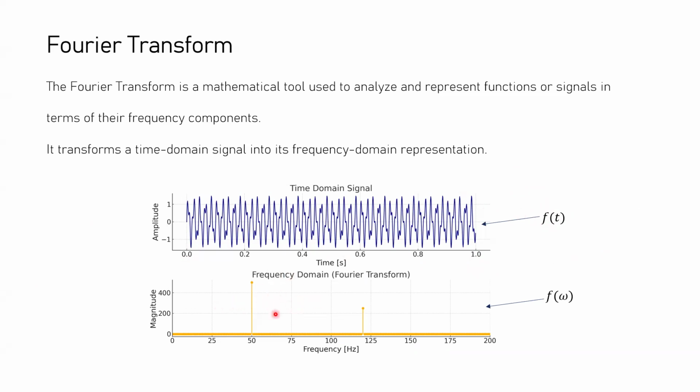At the bottom, you can see another graph where you can see the magnitude of some parameter, which is a function of frequency. So this is the Fourier transformed signal of the signal we see in this graph.